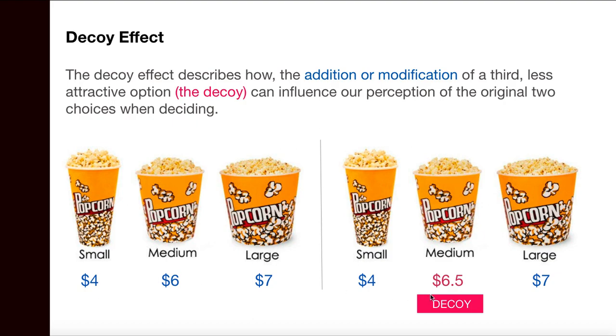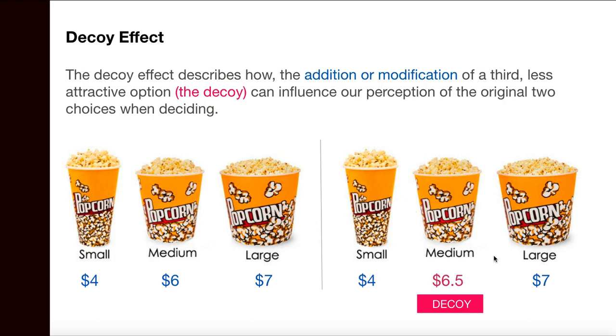When this modification of a particular option happens, and a research was done with this experiment, the people who were initially opting for medium opted the second time for large after this particular price change.